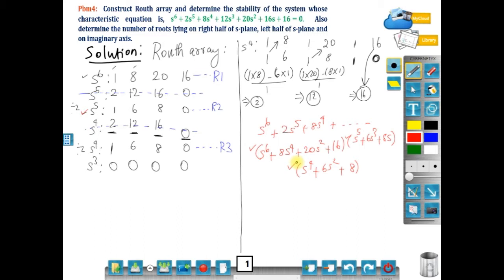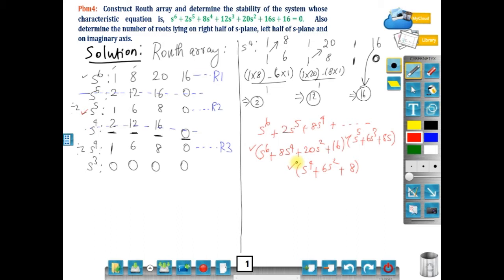In this model, our Routh array was terminated at the row s power 3, because we are having a full row of 0 entries. What you have to do is use one technique. We take the previous auxiliary equation, where we terminated.